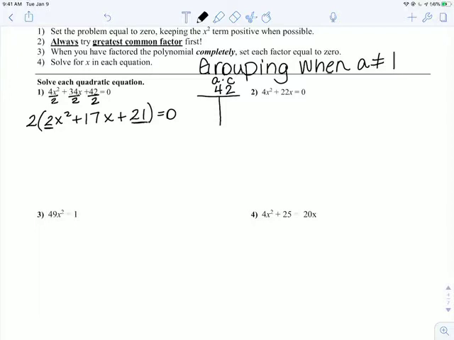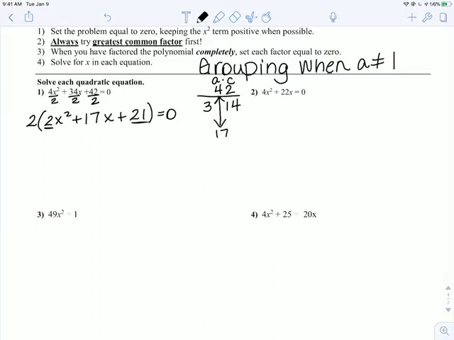So that might help me find it. Let's see. And I found it, 14 and 3. So 14 times 3 gives me a 42, and also adds together to give me that 17.